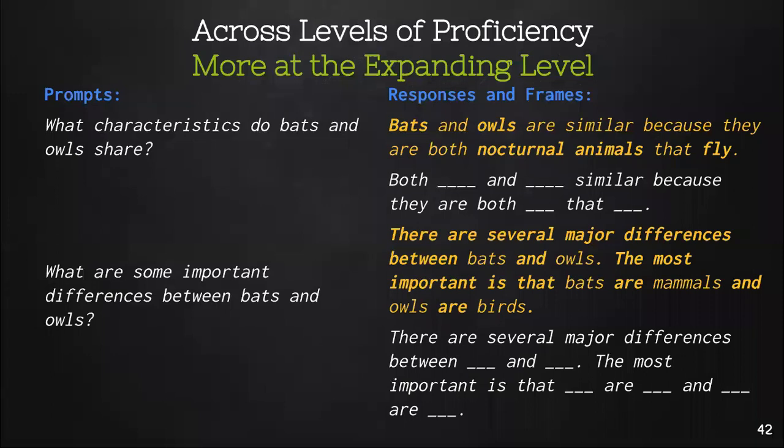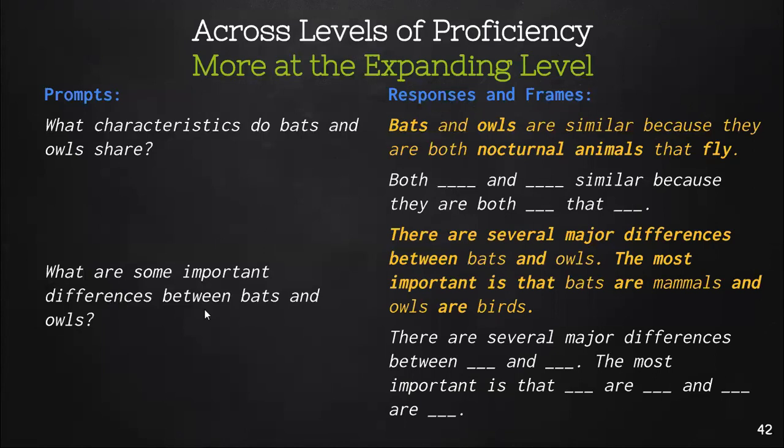More at the expanding level, we would maybe introduce a term like characteristics. So what characteristics do bats and owls share? And so then they could go back to that Venn diagram and look for, okay, what are characteristics? And the teacher might highlight those. Those would be the words we would use to complete this one, like being nocturnal or being mammals.